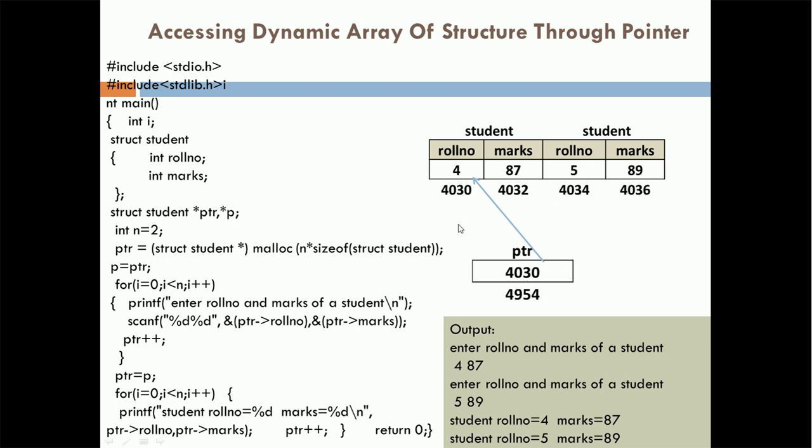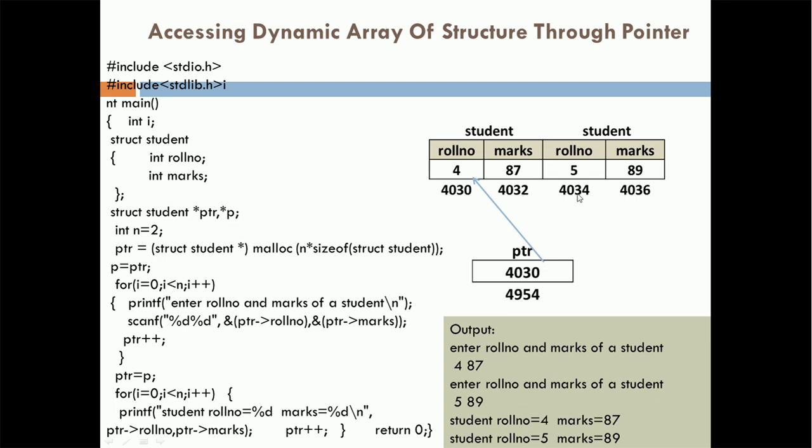These 8 bytes will be treated as an array of 2 elements, and each element will be of type struct. That means inside one element we can store 2 fields, roll number and marks. This can be understood through the diagram given here. The first 4 bytes will have the 2 fields roll number and marks, and the next 4 bytes will again have the 2 fields roll number and marks. Suppose the starting address of roll number is 4030, then the starting address of marks for the first array element will be 4032.